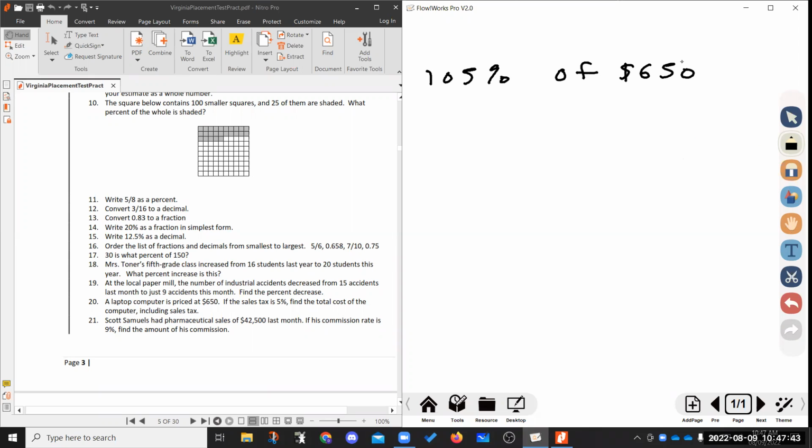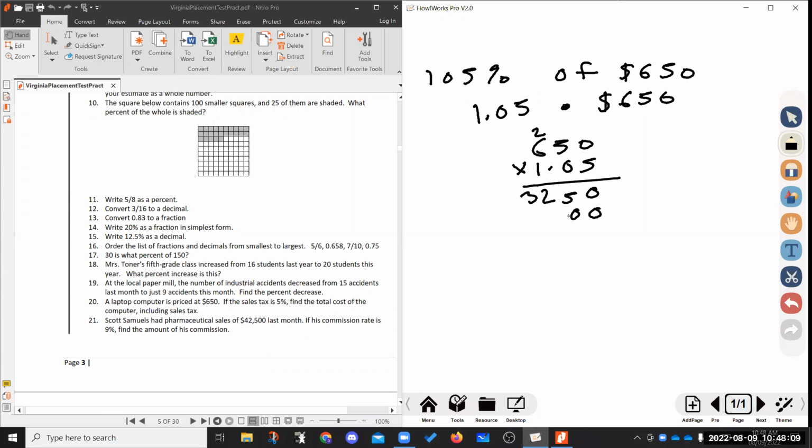I need to pay the $650 base price plus 5% tax to get my retail price. This can be 1.05. The word of means to multiply. So $650, let's do that. 650 times 1.05 would be 3250.